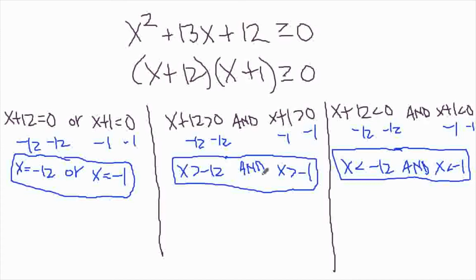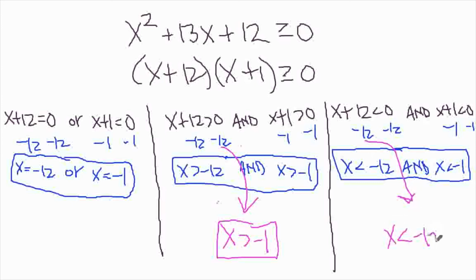Would you agree that all I have to do is pick a number bigger than minus 1 and I satisfy both conditions? So one of the conditions is redundant, unnecessary. Can you see which condition is unnecessary on the third column? If I'm less than minus 12, I'm already less than minus 1. So that one is unnecessary.